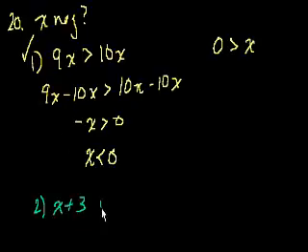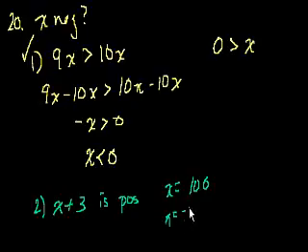Well, x could be 100. If x is 100, then 103 is definitely positive. Or x could be -1, right? Because -1 plus 3 is positive 2. So this doesn't tell us any information about whether x is negative. So this is useless. So the answer is A. Statement 1 alone is sufficient. Statement 2 alone is useless.